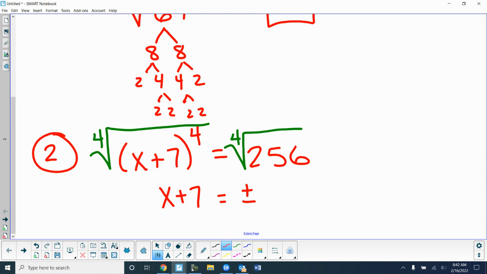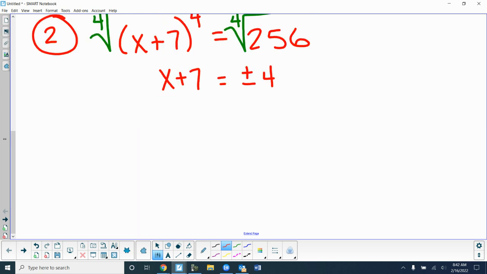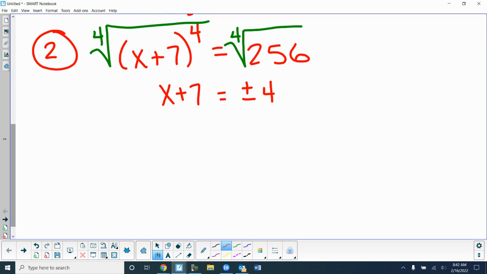And what did you guys figure out for the 4th root of 256? It's a 4, right? 4 to the 4th is actually 256. Okay? So that's what I have right now. To finish up, to solve for x, what do I have to do now? Subtract 7, right?